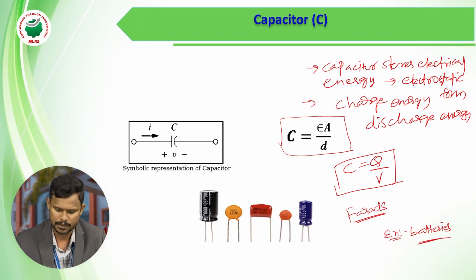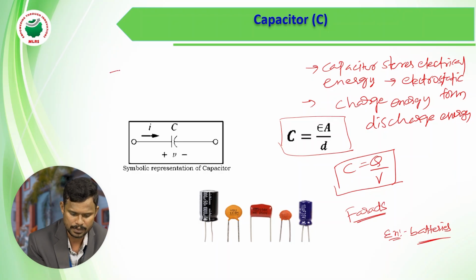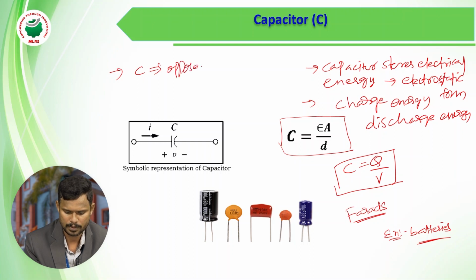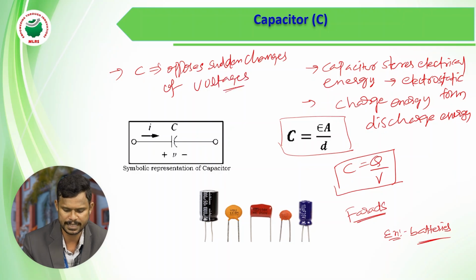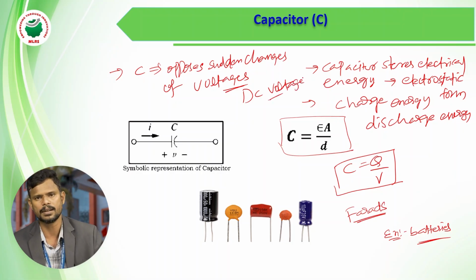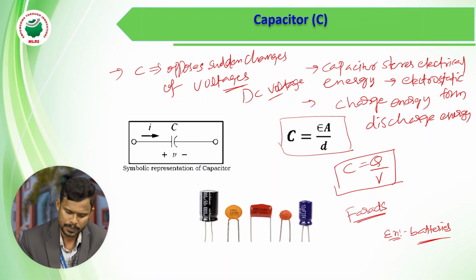And capacitor opposes sudden changes of voltage, that means DC voltage. Inductor opposes sudden change of current, and capacitor opposes sudden change of voltage.